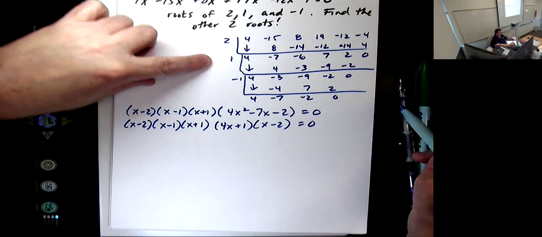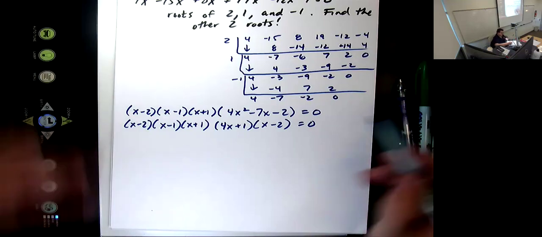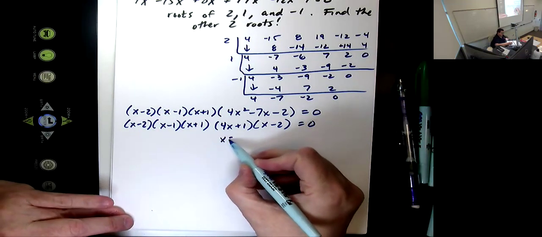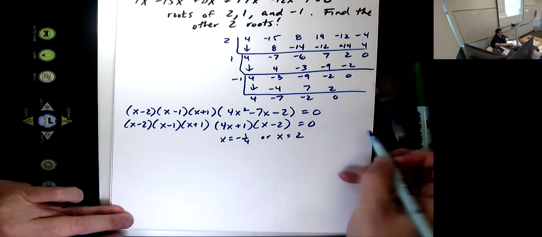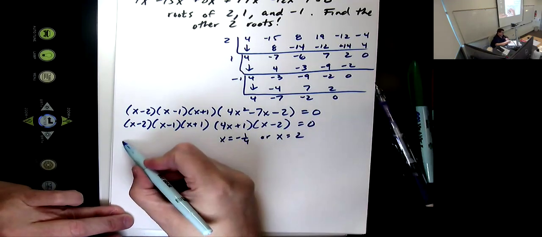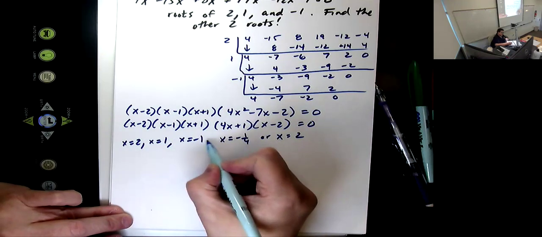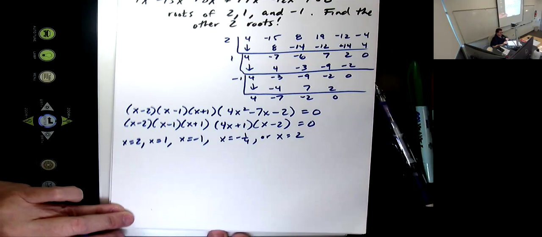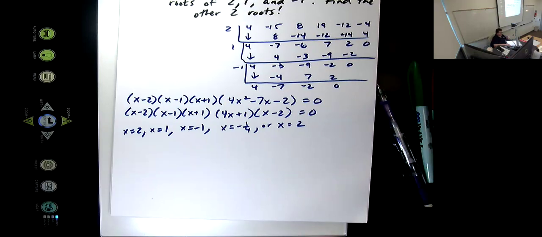You plug in 1, you're going to get a 0. You plug in -1, you're going to get a 0. It looks like if we plug in -1/4 or x equals 2 again. So we got x equals 2, x equals 1, x equals -1, x equals -1/4, or x equals 2 again. Shows up twice, doesn't it?